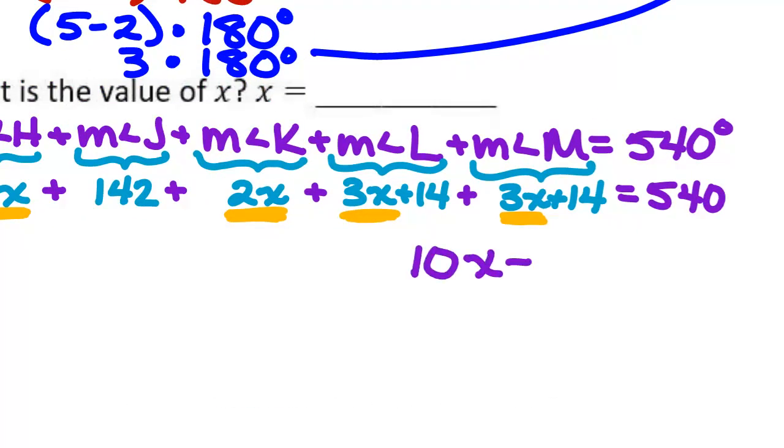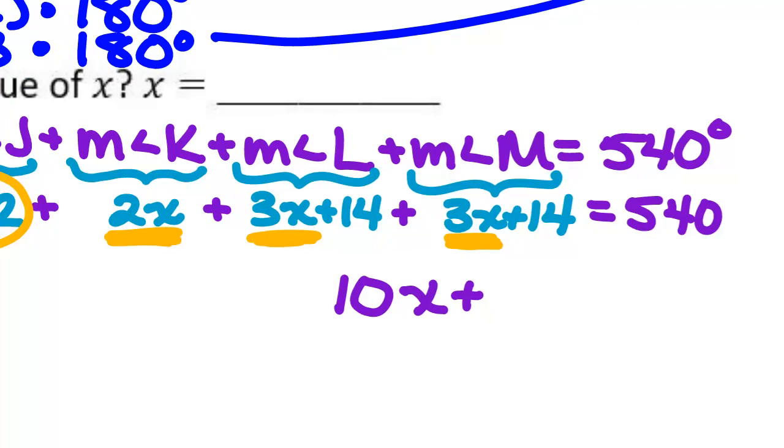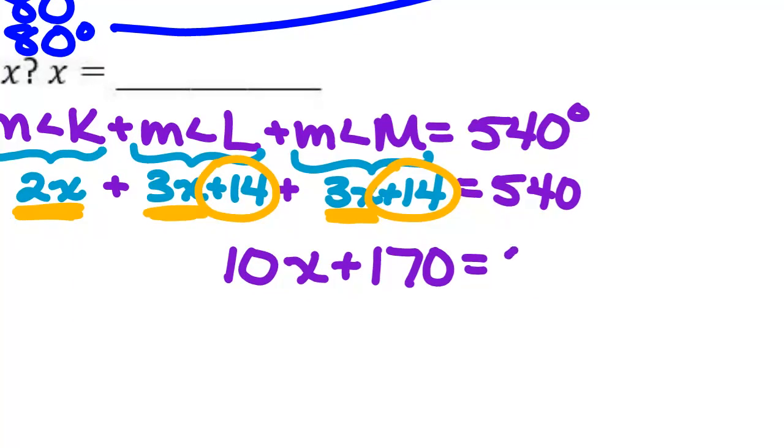So 10x plus, now we need to collect all of our constants, all of our things without x's. So I have 142, I have 14, and 14. 170. So 10x plus 170 equals 540.